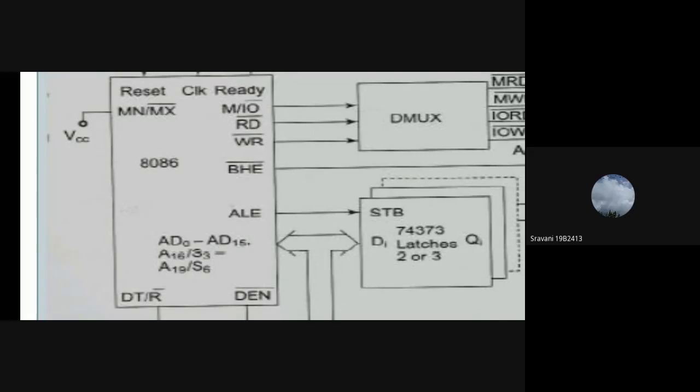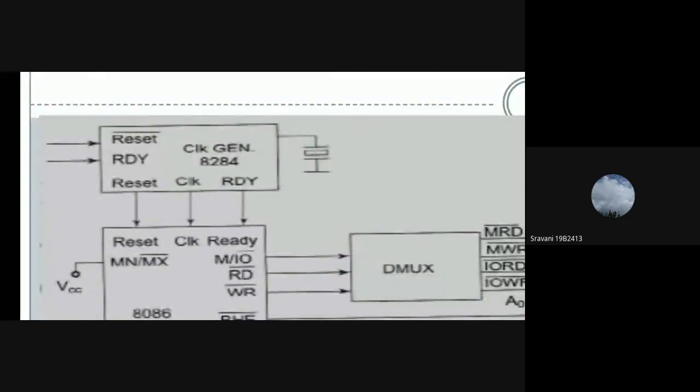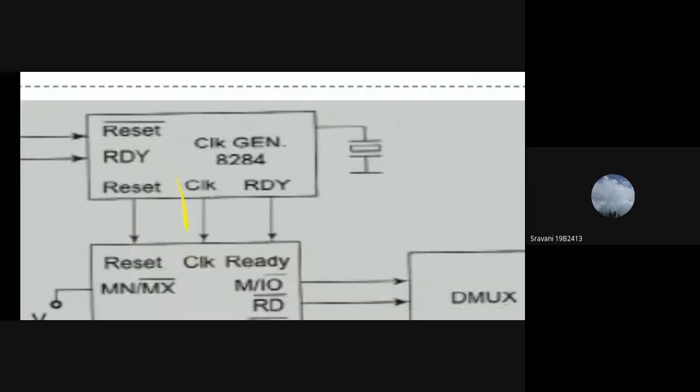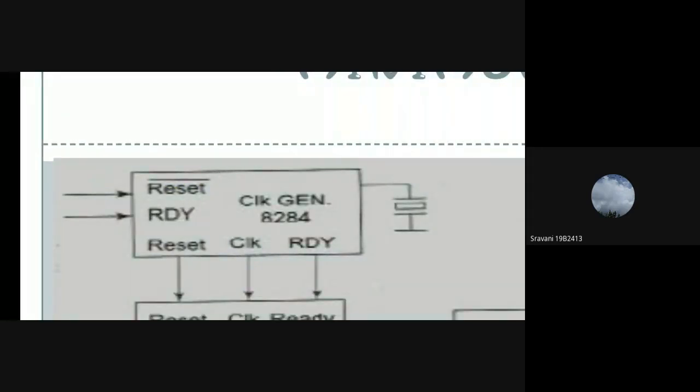Next, here we are providing the reset, clock, and ready signals from a clock generator. Can you see the clock generator over the screen?